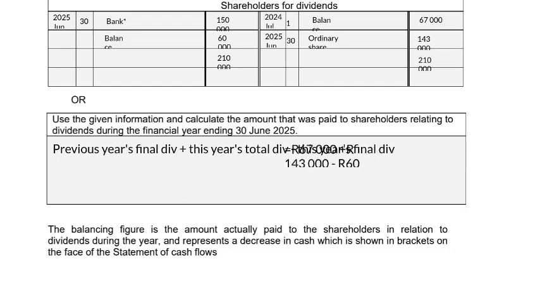So it's going to be the 67,000 Rand plus the 143,000 minus the 60,000 to give you 150,000 Rand paid towards dividends. The balancing figure is the amount actually paid to the shareholders in relation to the dividends during the year and represents a decrease in cash, which is shown in brackets on the face of the statement of cash flows.